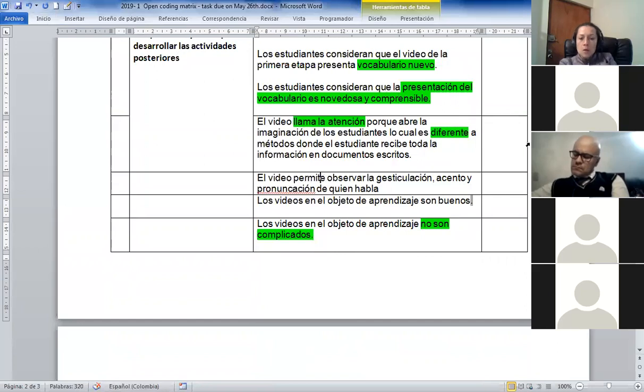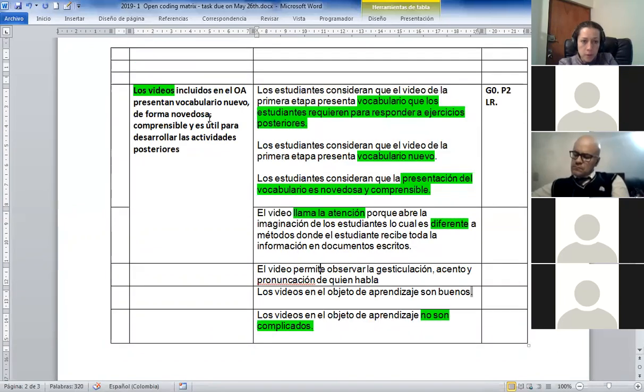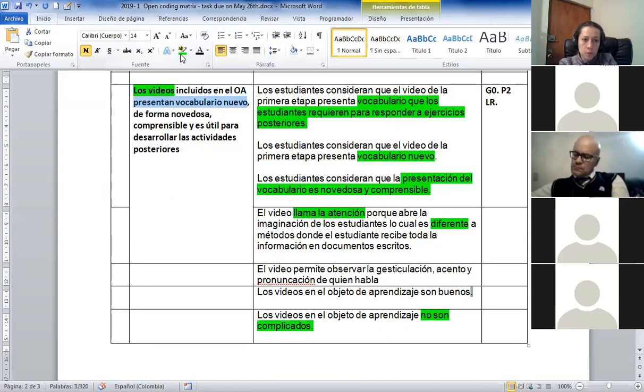Okay, so far we have just two ideas that are repeated, which are a way to present vocabulary is new, and the information is comprehensible.